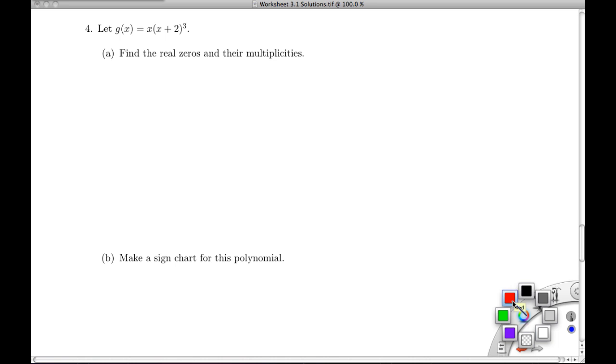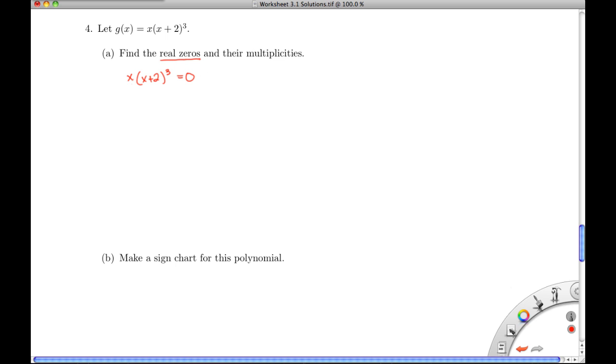So zeros of polynomials are found, much like we find zeros of other functions, is we take the actual function. So if we want to find the real zeros first, we're going to take the function x times (x plus 2) raised to the power of 3, set it equal to 0 and then solve for x. Now, the nice thing here is that this is actually already factored for us.